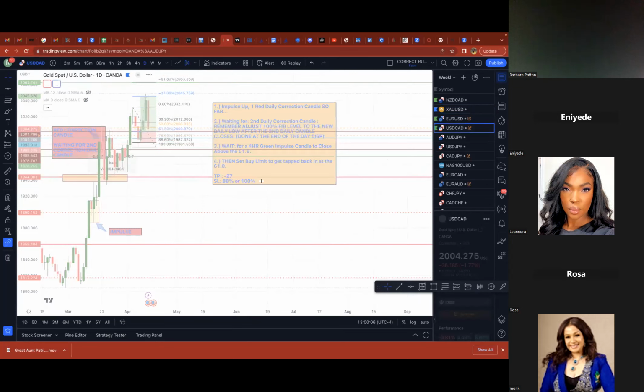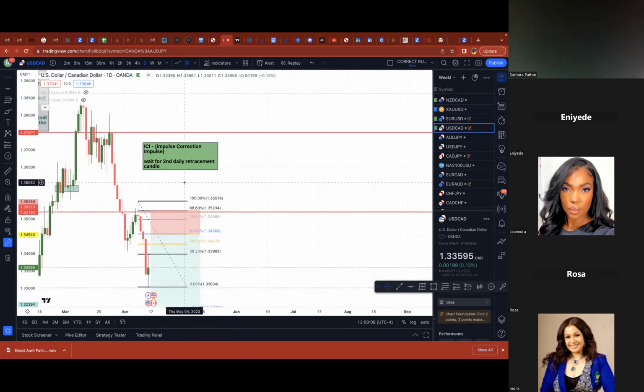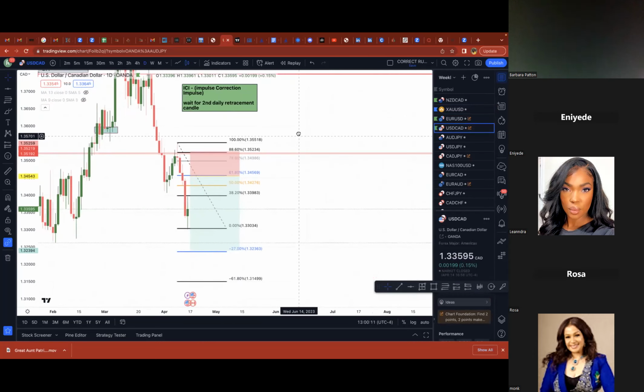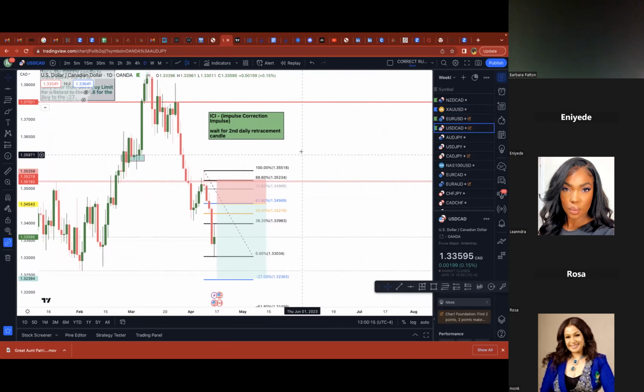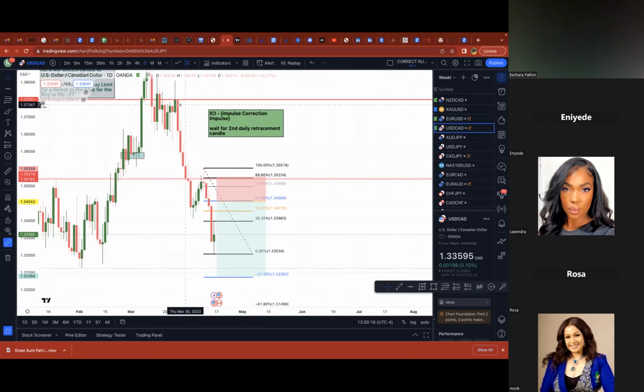Then we have US CAD, which dropped last week, right? Red, all green. So this kind of opened my eyes, because we see it all the time, but we never really noticed, oh, this is all red, this is all green.